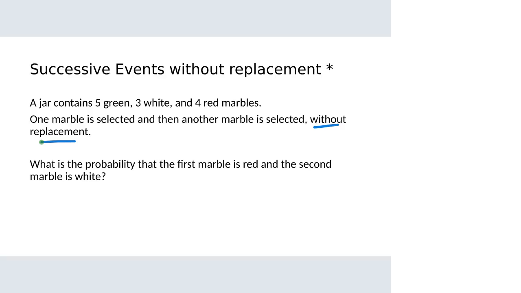So the difference between this one and the last one is that we're doing this one without replacement. Those are important words. So we want to make sure we're confident with what those words mean and how they impact the way we approach the problem solving.